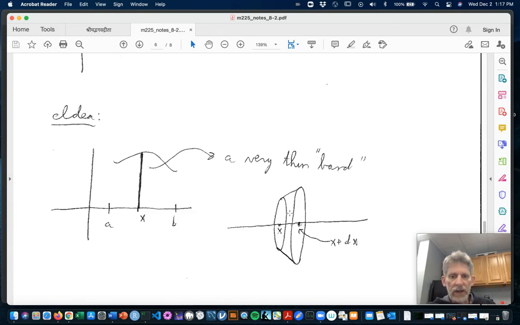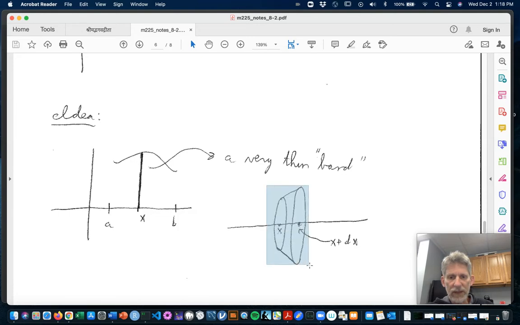And the height has varied from f of x to f at this other place. I guess you could call it x plus dx. And so if I draw a straight line from those two heights, then I've got pretty much the little solid. Once I revolve that around, I've got pretty much the little solid.